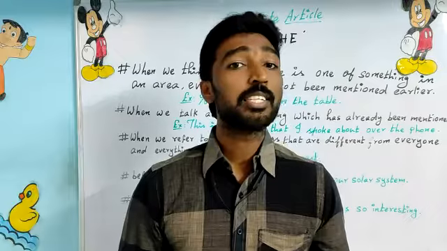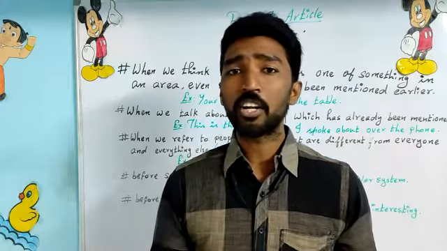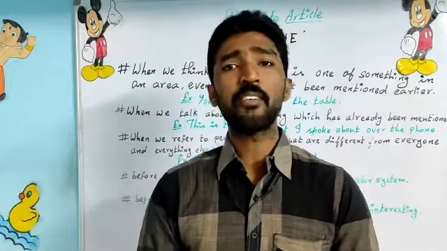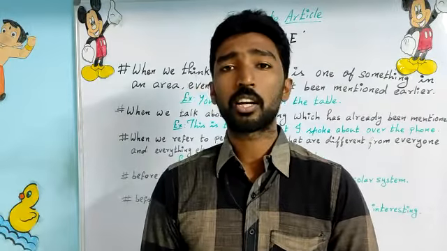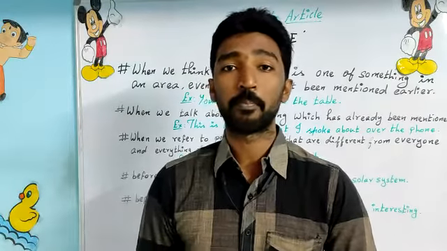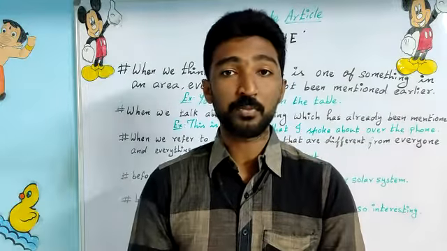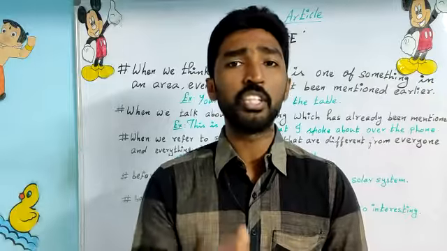Indefinite articles are unspecific, and definite articles, on the other hand, are specific. Today we are going to concentrate on the definite article. The definite article defines the noun as a specific one, as an already known one.